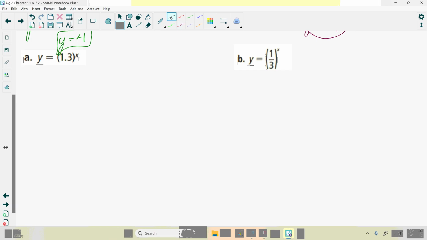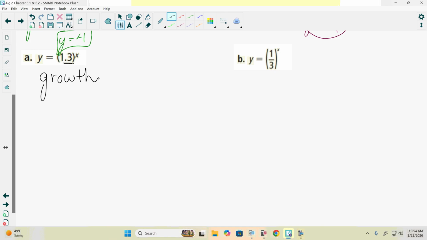Y equals 1.3 to the x. Would this be growth or decay? It's greater than 1. So even though we do have a decimal, since that value of b is 1.3, and it's greater than 1, it's going to be growth. Doesn't matter what form they give it to us in or what form they write it in.